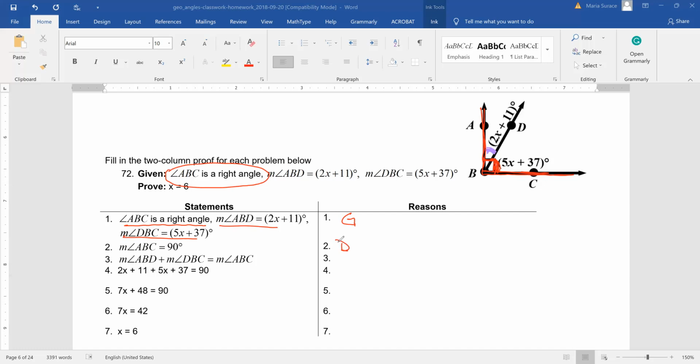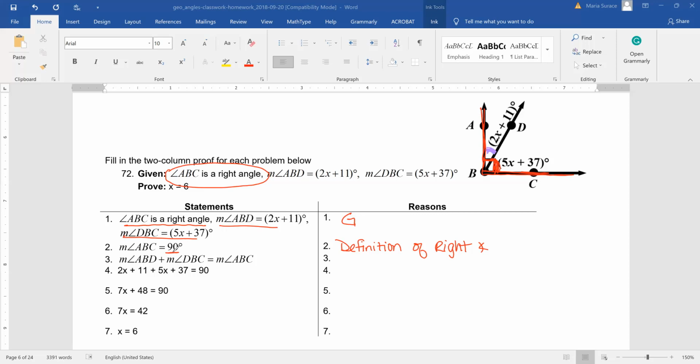So this is the definition of right angles. That's why we were able to conclude that. ABC being 90 degrees is because that's what a right angle equals. So we use the definition of a right angle to determine the measure is 90.